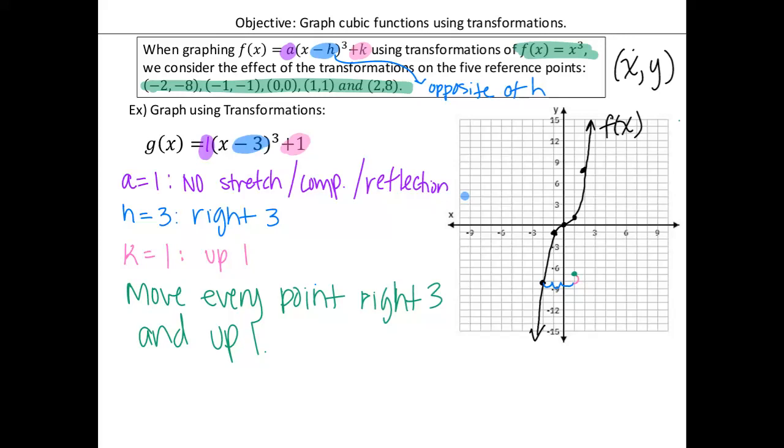So one more time, take the point, move it to the right 3 times, and then up 1, okay? So I'm going to do the same thing with (-1, -1). I'm going to move it to the right 3 times, 1, 2, 3, and then I'm going to move it up 1 time. So I end up at (2, 0).